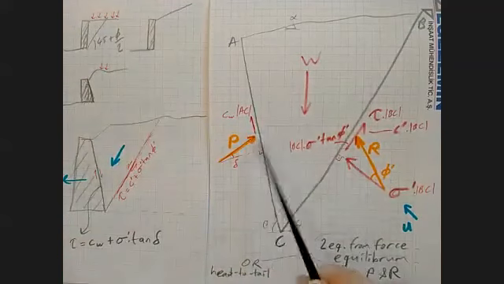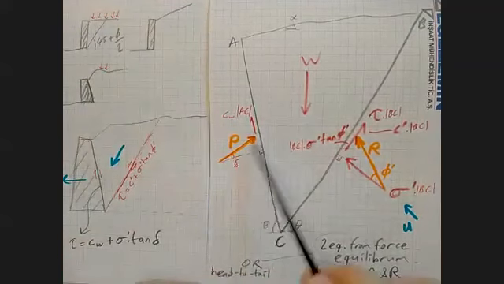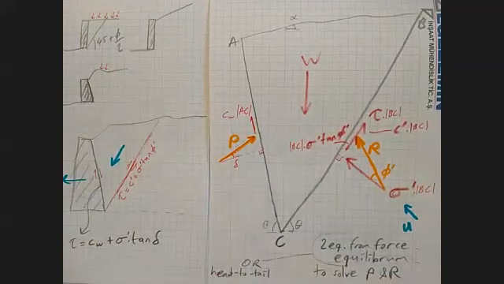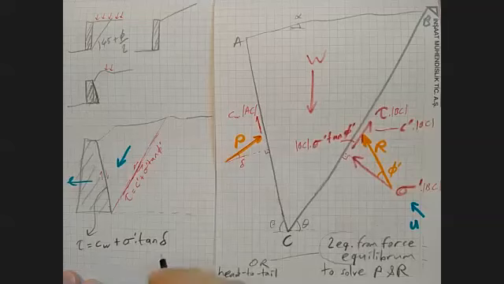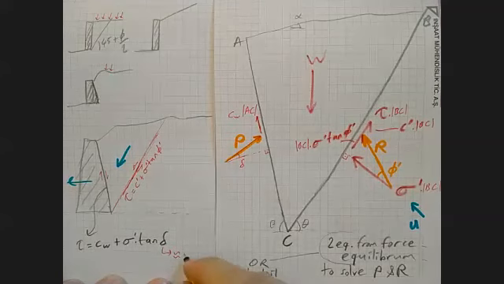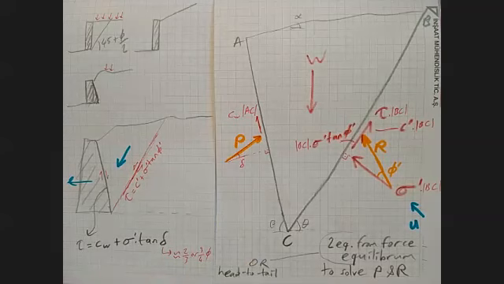I can know or determine these C, W, and delta. And by the way, I didn't mention that earlier, but let's also mention that delta is generally in the order of a fraction of the friction angle.